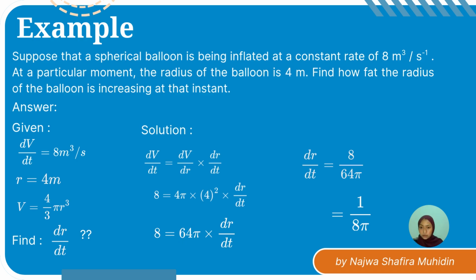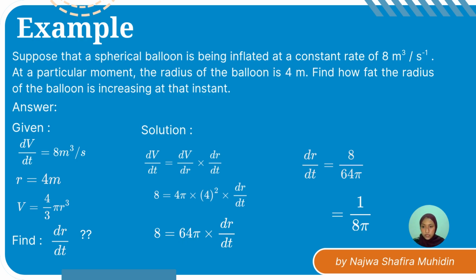Substitute what we know: 8 equals 4 pi times 4^2 times dr/dt. So, 8 equals 64 pi times dr/dt.